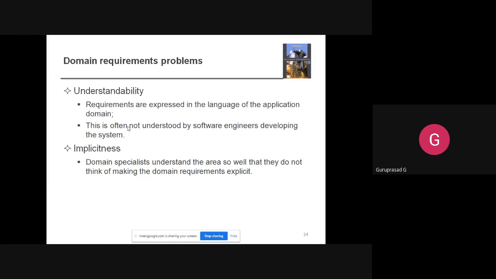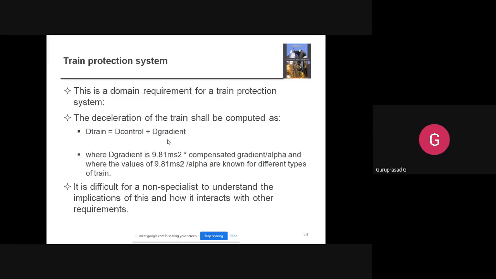So understandability is one problem in domain requirements. Why? Because the software engineer may not understand the system, since the requirements are expressed in the language of the application domain. So I gave the example of the train protection system.